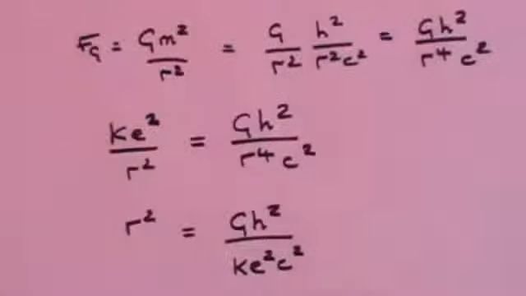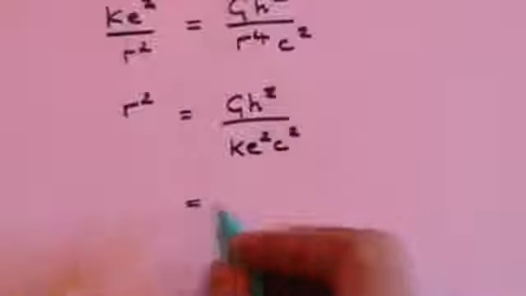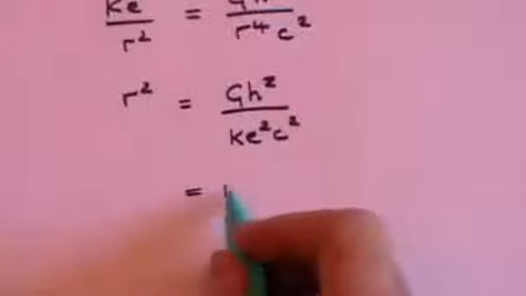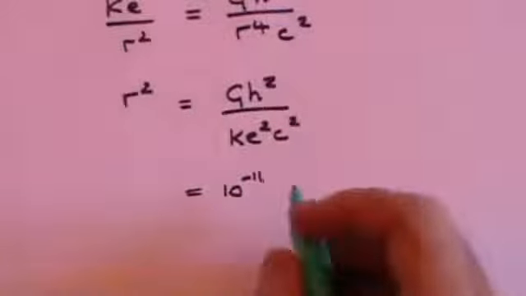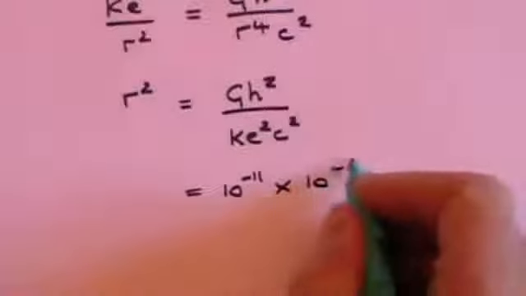So let's just get an idea of the order of magnitude. I don't want to do this too precisely because it doesn't quite work like this, but it'll give you a flavour. G is 10 to the minus 11. It's actually 6 times 10 to the minus 11, but let's forget that. H is 6 times 10 to the minus 34, so h squared is 10 to the minus 68.